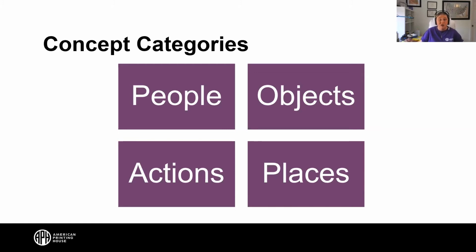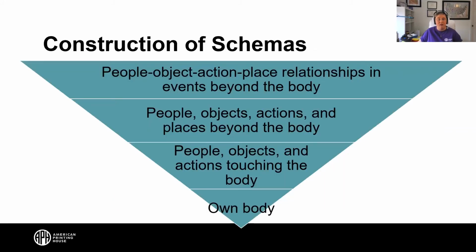At that early pre-operational stage, the learner is developing schemas about the pattern of the relationship of people, objects, actions, and places in events. That knowledge is constructed over time by combining new information with past experiences. That's what you're helping do.